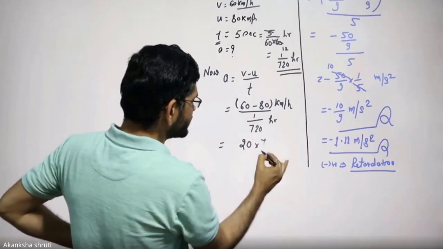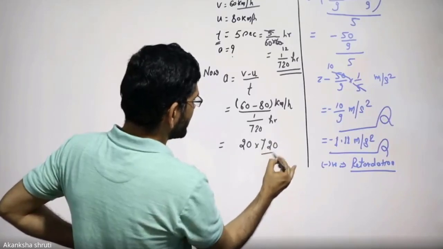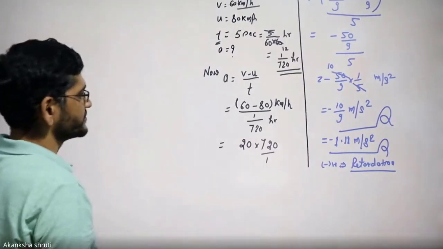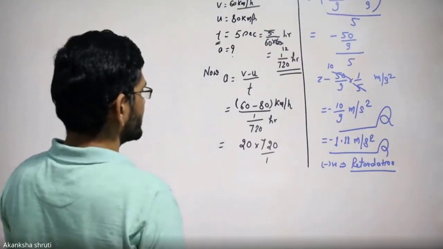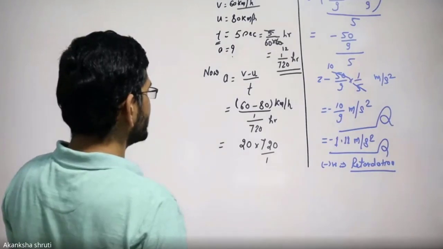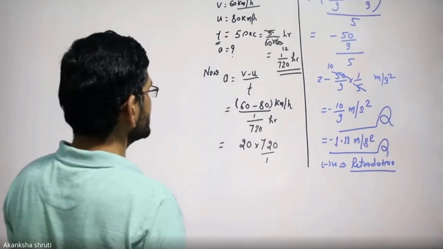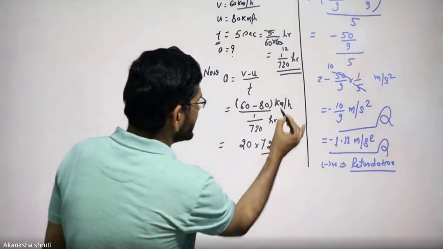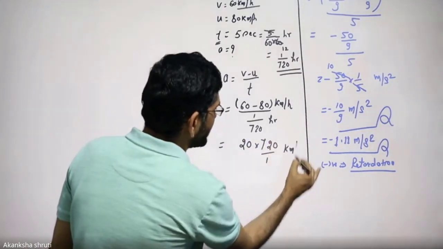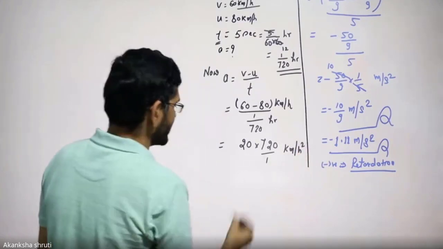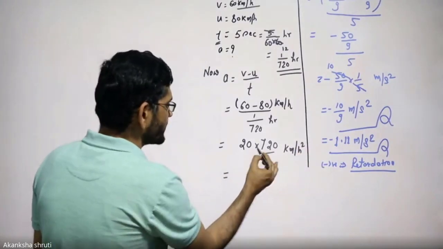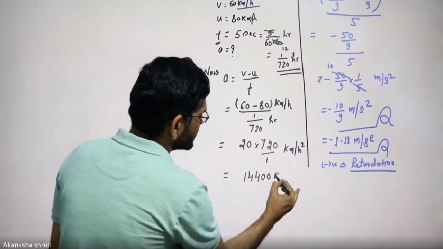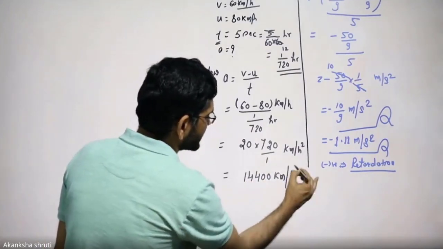So 720 will come in the numerator by 1. It becomes like this. So be careful while you are solving this. Now the unit is what? Kilometer per hour square. Students, multiplying, minus 14,400 kilometer per hour square.